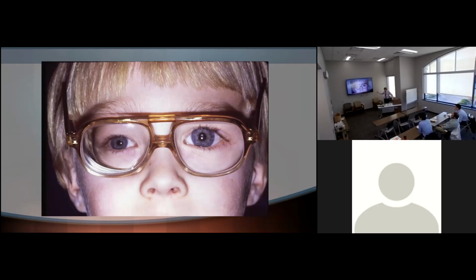So this is an example of a patient. It's not our patient, this is someone else, but you can tell there is a high minus lens here and a high plus lens here. It can give the impression of ophthalmos here or microphthalmia here. You just take the glasses off and the patient has normal eyesight.